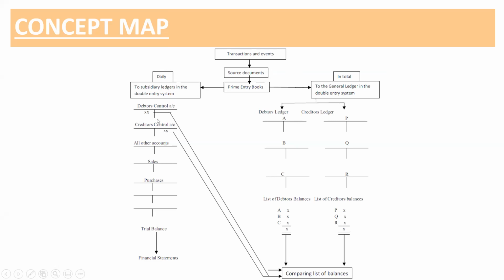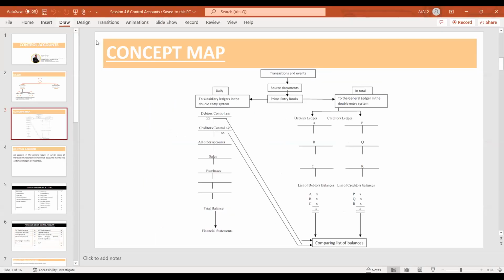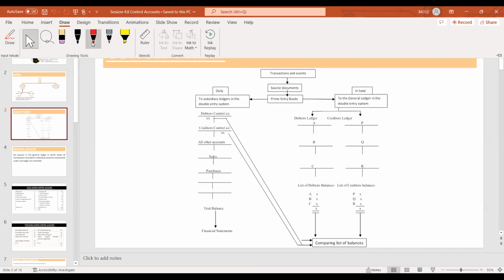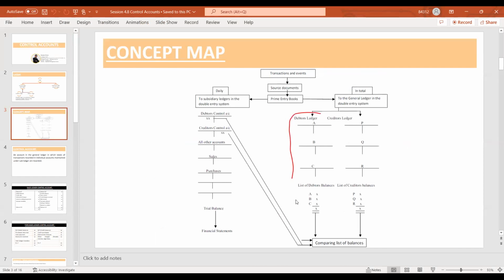In sub ledgers, there will be individual accounts A, B, C. But in the general ledger, we have a total debtors account. Creditors account is also the same. This is what we have to study under control accounts.